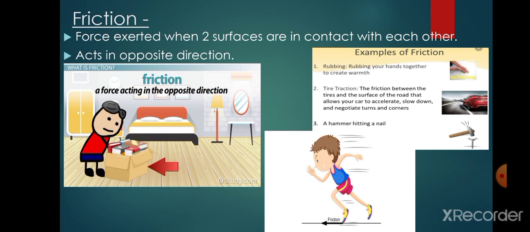We need friction in our actions too, such as walking, running, and playing. If there was no friction, we would not be able to walk, play, run, or do any such activities. Anything that started to move would never stop without friction.